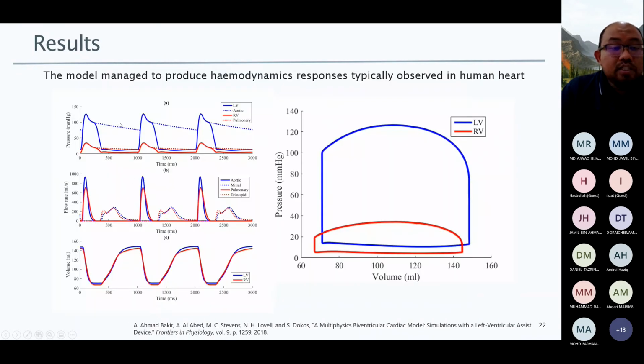And if we were to measure the pressure, we're getting pressure similar to what we have seen in a healthy human heart. If I plot the pressure versus volume, I'm getting the box plot similar to what I've shown before. This box here represents our cardiac cycle, and I was able to replicate this in my model as well.